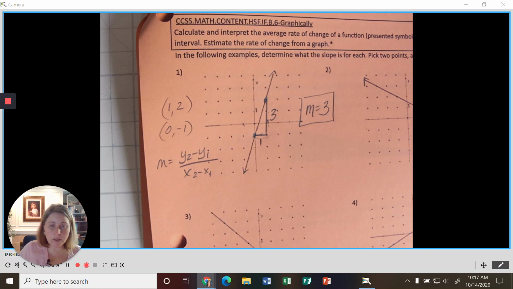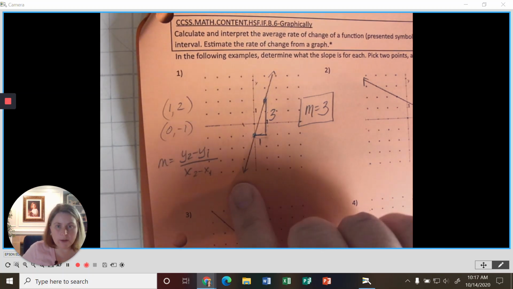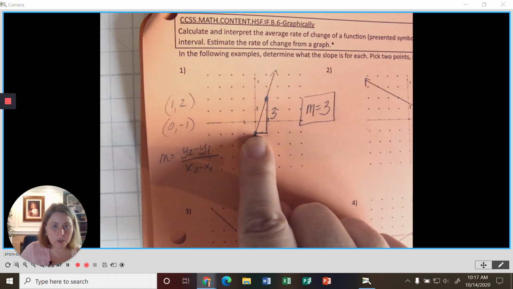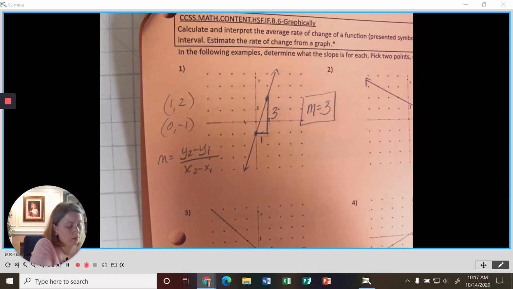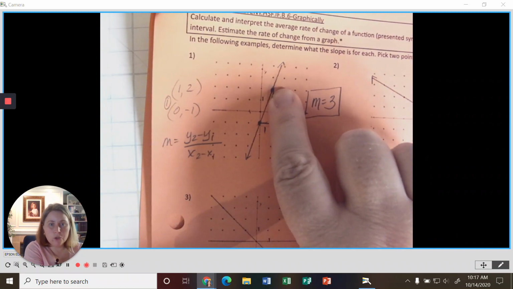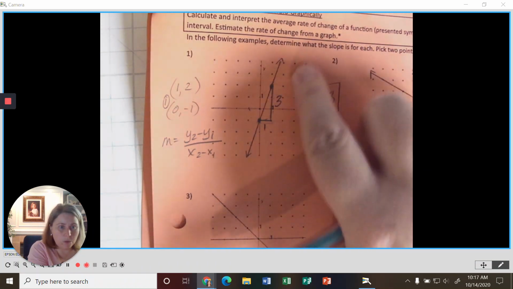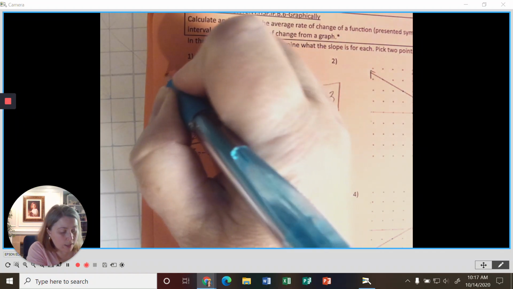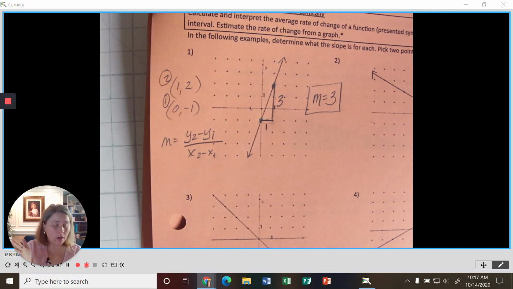However, as a class, when we're going over problems together, let's make an agreement that when we read the graph from left to right, we'll call the first one that we come to point 1. So that's the (0, -1). And the second point that we come to as we read the graph from left to right, we'll call point 2. Again, it actually does not matter at all.